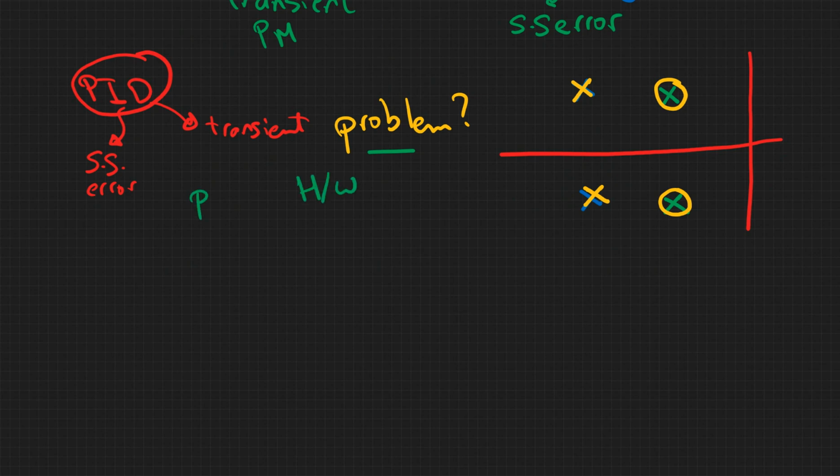You need perfect hardware to do this, and this is not available, especially when we're talking about analog controllers or analog compensators. When we move towards digital controllers, things may become a little bit better, but it's still not guaranteed to cancel those poles completely, and this is one reason why it's not always accurate.